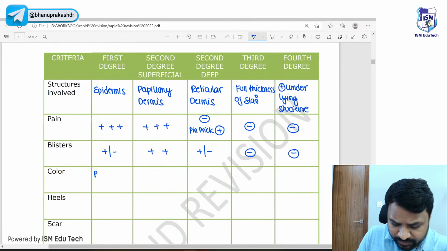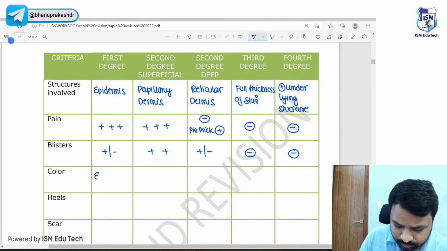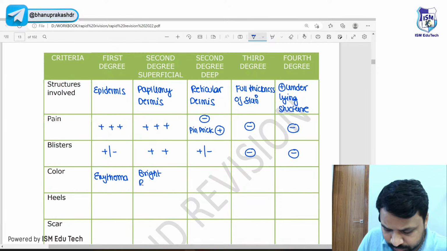The color in first degree is going to be erythema. In second degree superficial, it is going to be bright red in color.